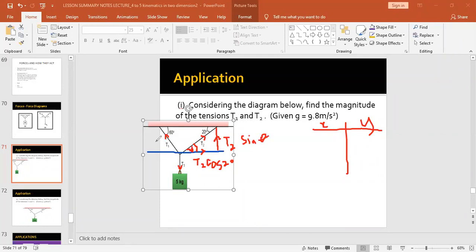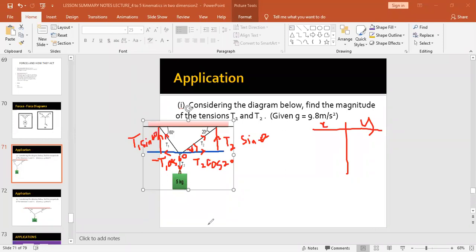Then when it comes here, you take into consideration the directions. This will be negative T1 cos 60, and then this will be positive because we are going up, so positive T1 sine of 60.